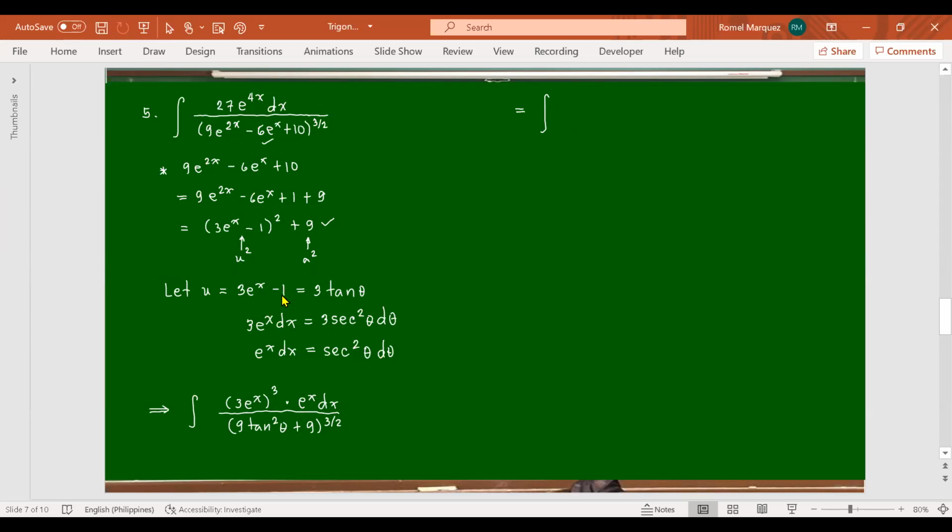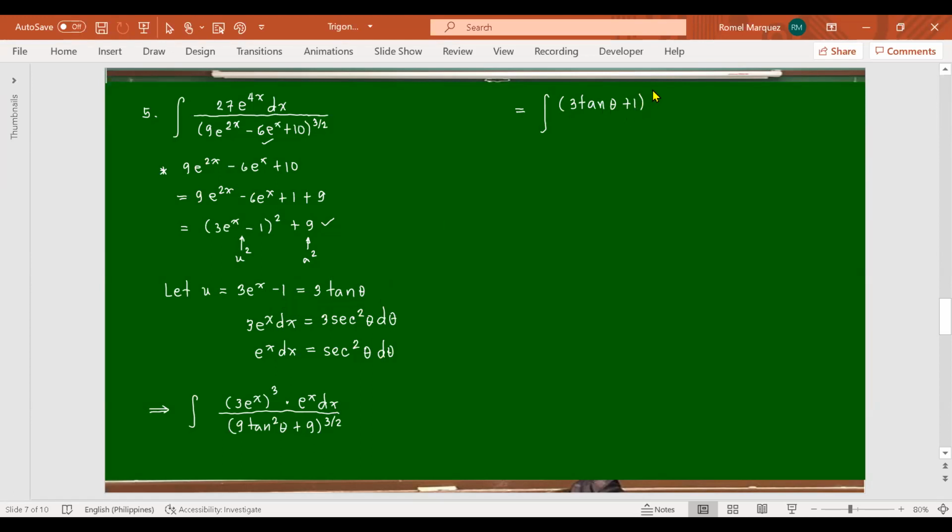So I put the negative one here, so plus: 3 tangent theta plus 1 is 3 e to the x.